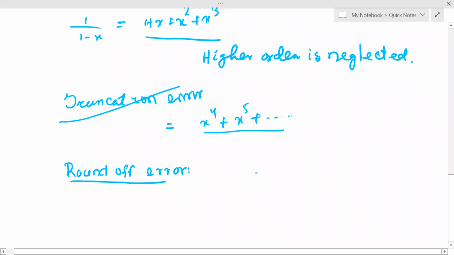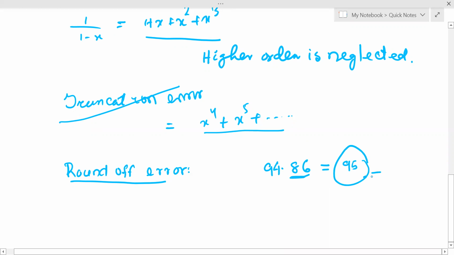For example, 94.86, if we consider it in integer format, is 95.